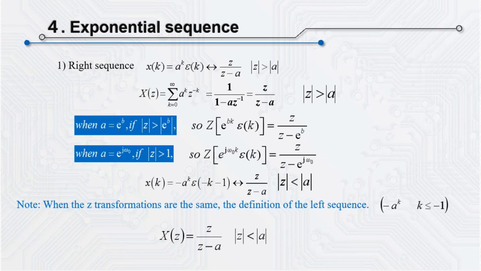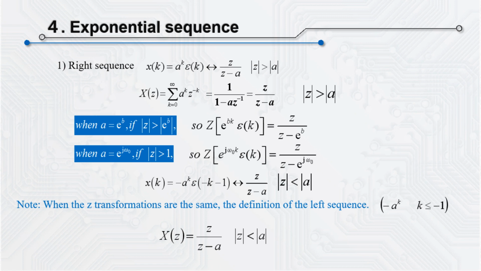The fourth function is the exponential sequence. Exponential sequence is the most widely used. We first look at the sequence on the right, that is, the expression of the z transformation of the causal signal. Let's solve it. We still use the defined form to solve.